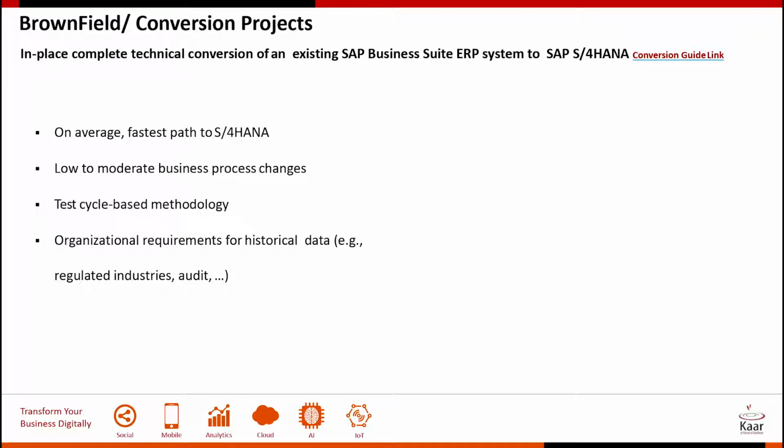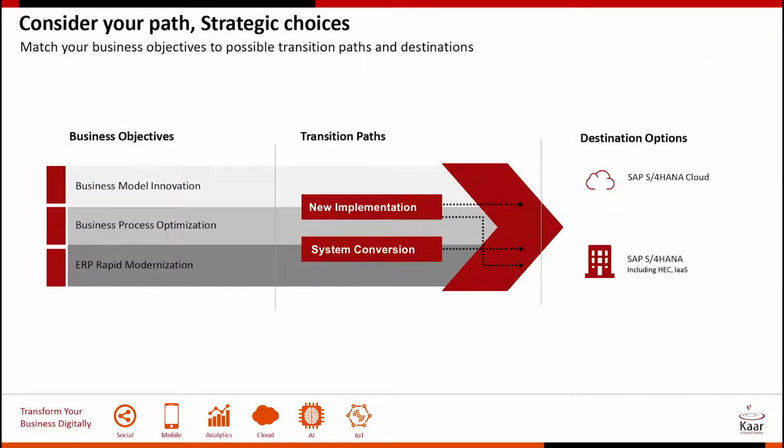So this is easy to understand. So now you've made a decision from either a new implementation or a system conversion, and then your destination options. Like I mentioned, it could be either on the cloud or an on-premise license, which you could host on HEC, AWS, GCP, K-Cloud, or any of the partners available who host your SAP solutions.